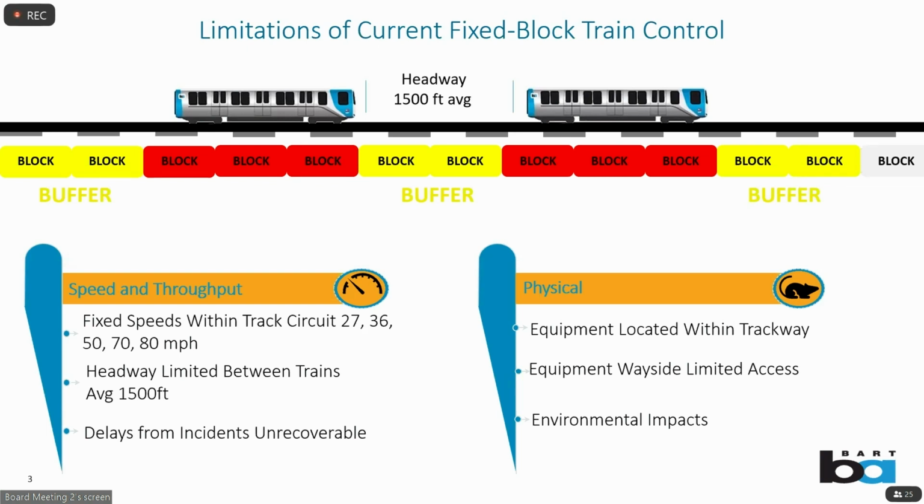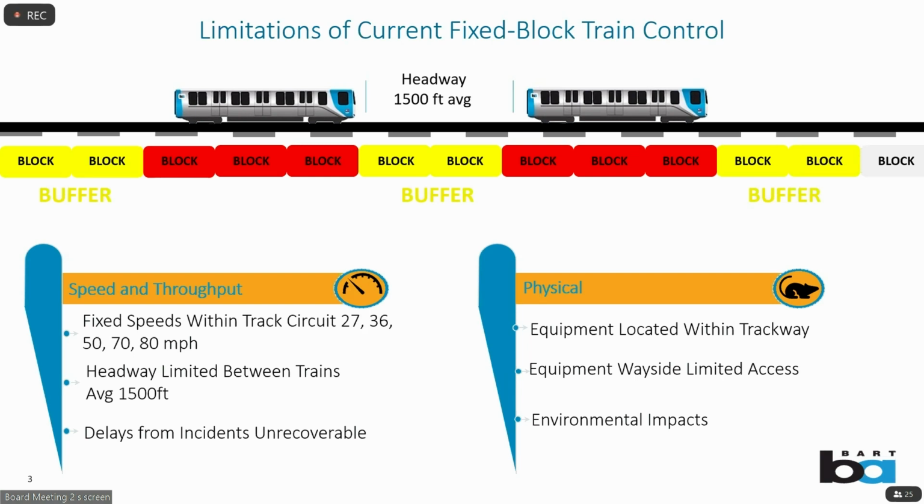Another limitation, the headway or distance, I mentioned it before, is limited to 2 track circuits, which on average is around 1,500 feet. Now, due to these constraints that speed and frequency cannot be changed, it is very difficult to recover from delays.